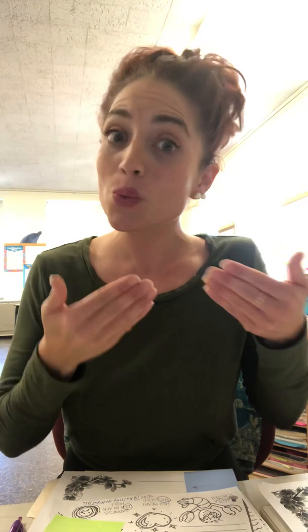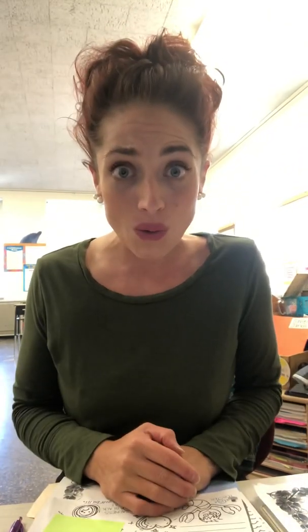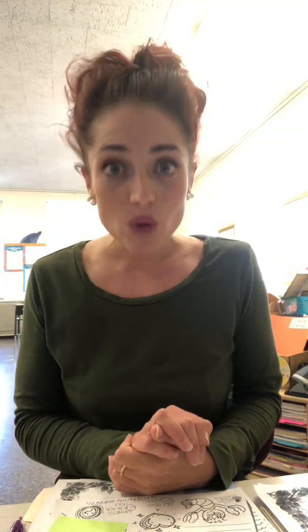But it's saying her heart was gold, so it's a metaphor, okay? And the next one sounds a little dramatic. It says, sadness is a black hole. Not sadness is like a black hole. Sadness is a black hole, making it a metaphor. We're still comparing sadness and a black hole, but we're saying sadness is a black hole, making it a metaphor.